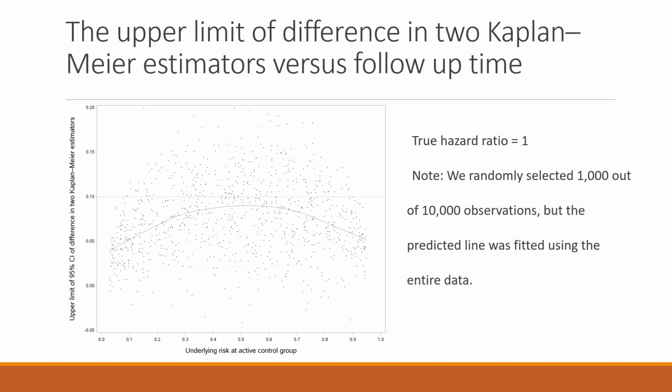Compared with hazard ratio, the 95% upper limit of the difference in two Kaplan-Meier estimators showed greater variability. Shown in the fitted curve, the predicted 95% upper limits of the difference in two Kaplan-Meier estimators gradually increased, as the underlying risk increased and reached a maximum at an approximate control risk of 50%, and then decreased afterward.